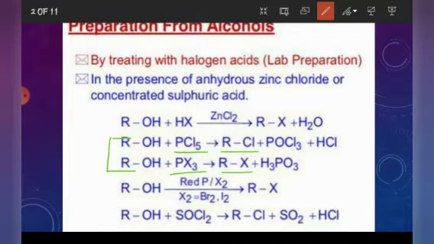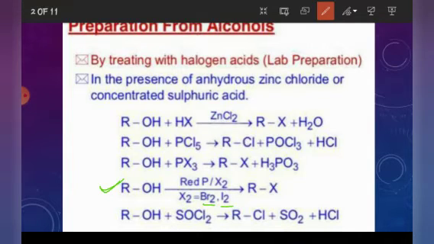Now let's move on to the next one. As it is written, alcohol reacts in the presence of red phosphorus and X2, which can be either Br2 or I2.